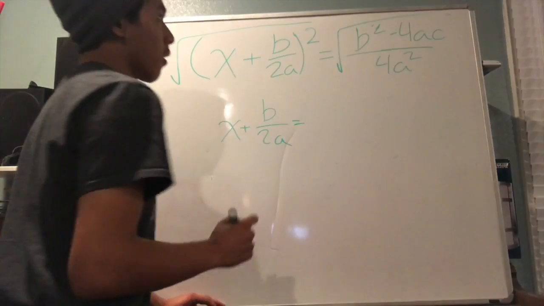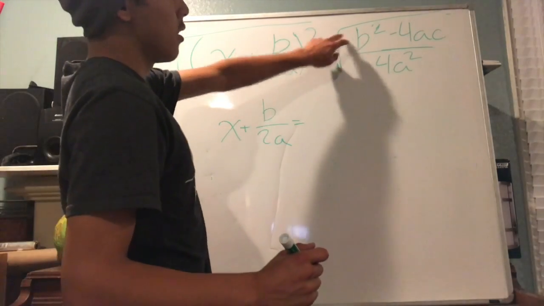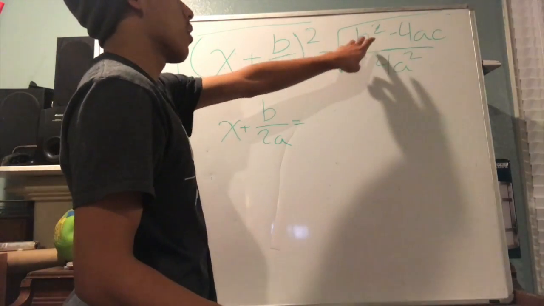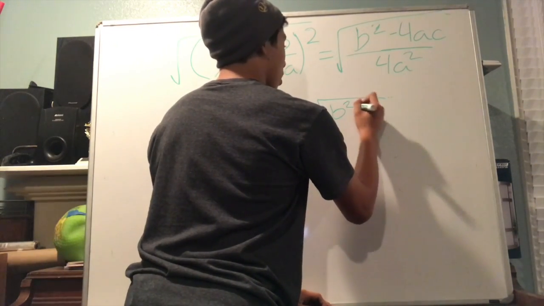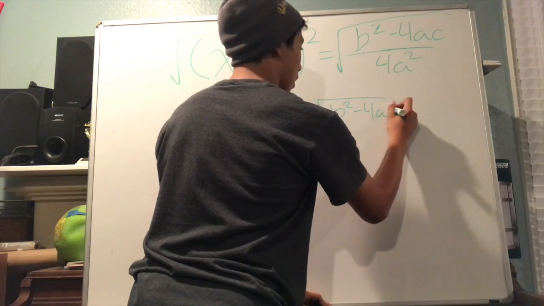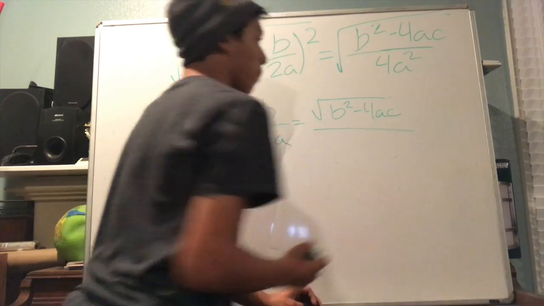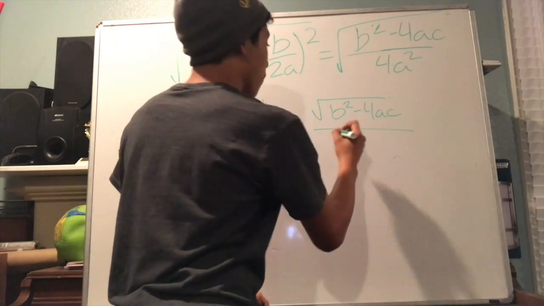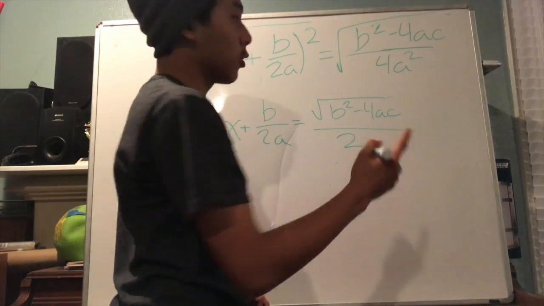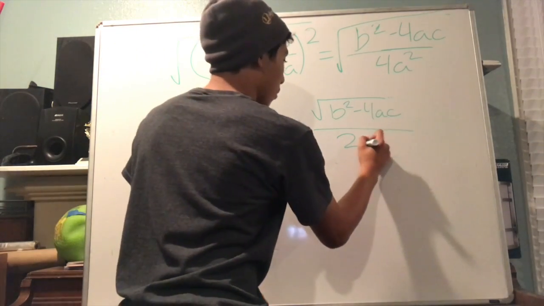It's equal to, because it's a fraction, we split up the square root. So we get the square root of b squared minus 4ac over, now this is a little easier. The square root of 4 is 2, and the square root of a squared is a.